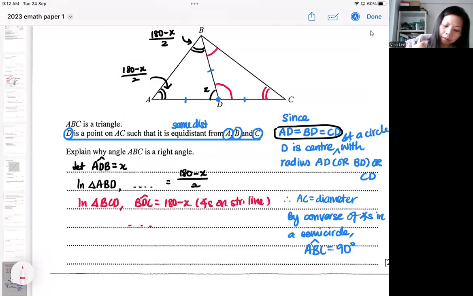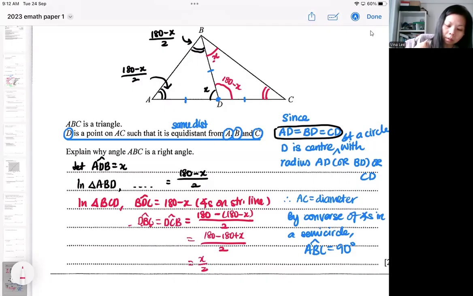So after this, I'm going to find these two angles. DBC is equal to DCB. It will be 180 subtracting this one and divide by 2. If you work out the algebra, the 180 will nicely cancel out. You're left with x over 2. So each of these is x over 2.